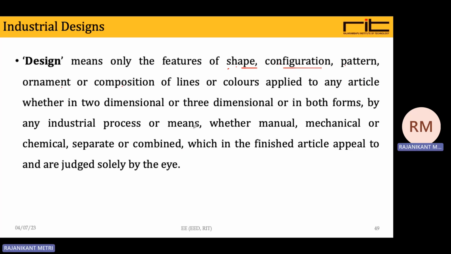It may be done manually, mechanically, chemically, or with some combination, and in the finished article appeals to and is judged, or can be seen, by the eye. So such things we call design.